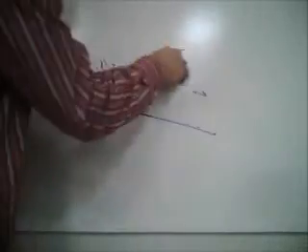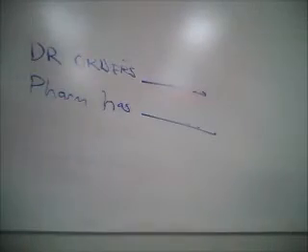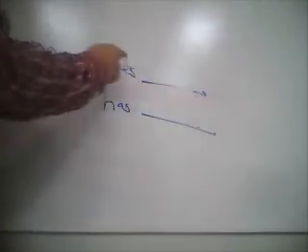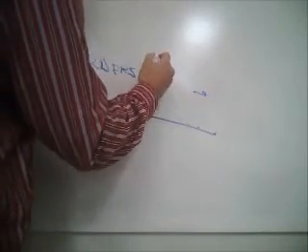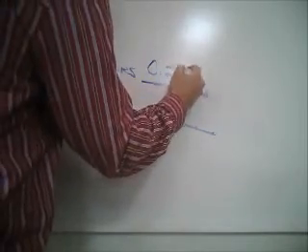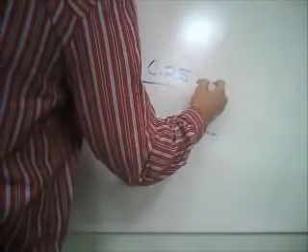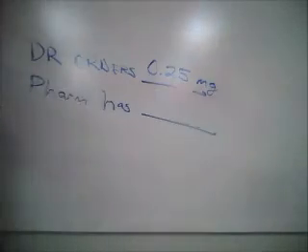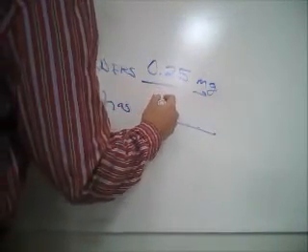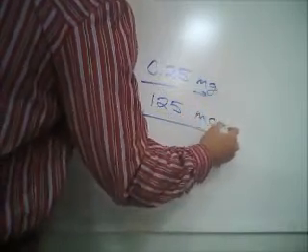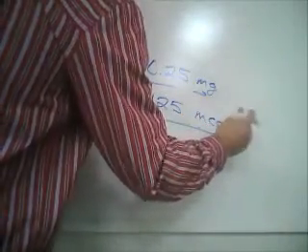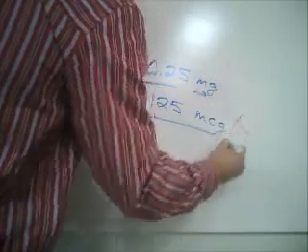All right, now I'm going to throw you a curveball here, a couple of curveballs to get into the conversions. Say the doctor orders 0.25 milligrams of a drug, and we have 125 micrograms per tablet.